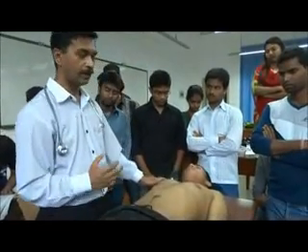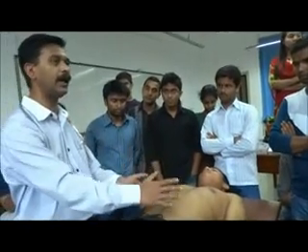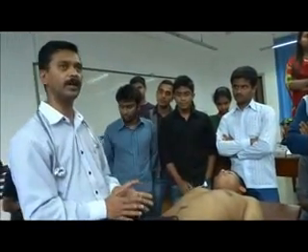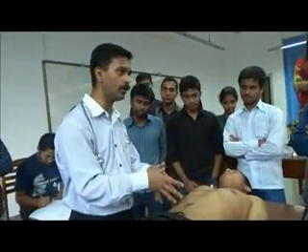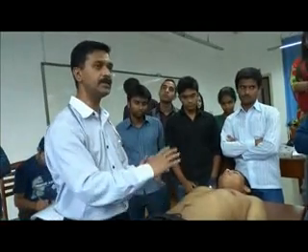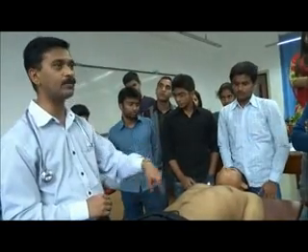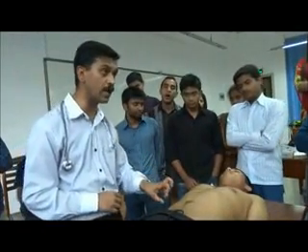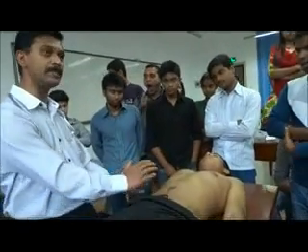And then you need to see the symmetry of the abdomen. Whether it is distended, whether it is scaphoid, whether it is hollowed like this. You need to see. If it is distended, then you need to see whether it is related to any specific swelling, symmetrical distension, or asymmetrical distension.